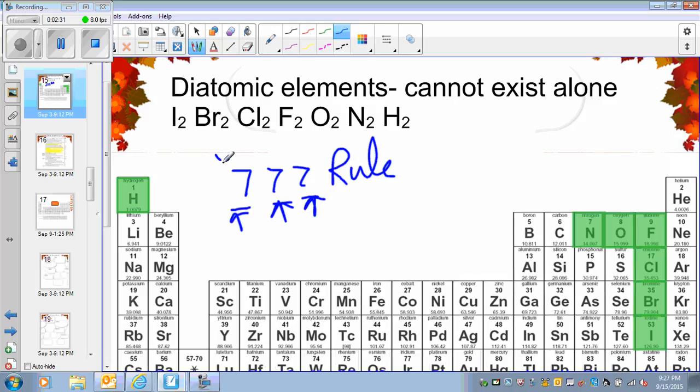The first seven is that there are seven elements on the periodic table who have this nature. One, two, three, four, five, six, seven. The second seven tells you that it will start from the atomic number seven. So you see 7, 8, 9, and then you go down here.